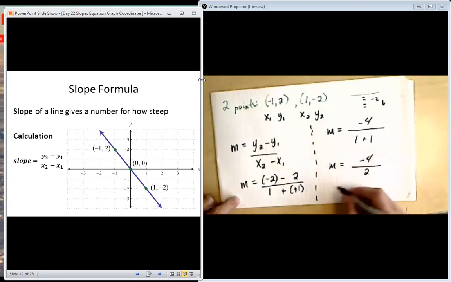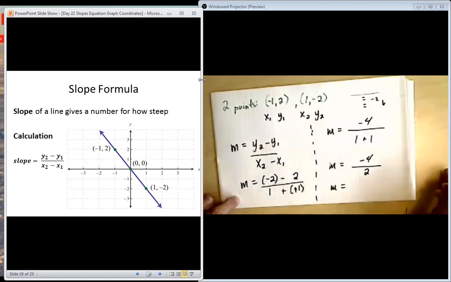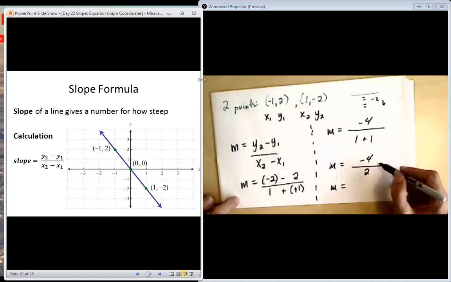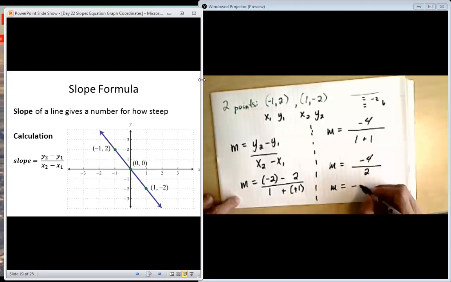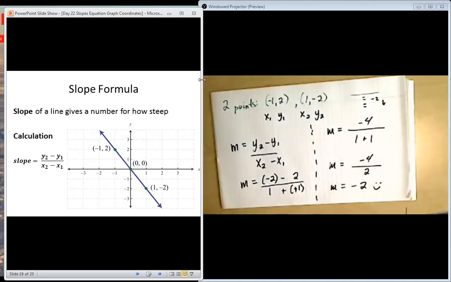Final answer? -2. -2 from Zoom. Negative divided by a positive is negative. And then 4 divided by 2 is 2.